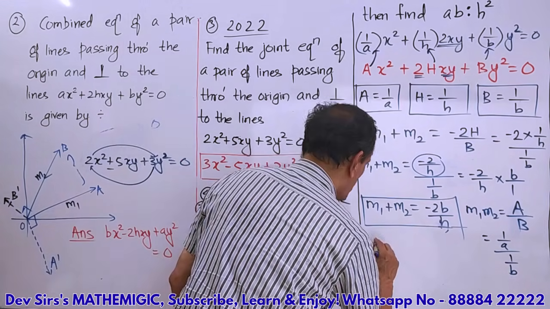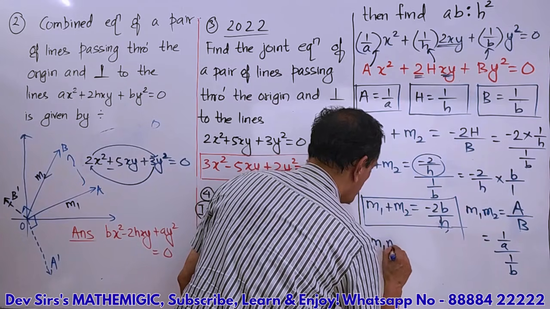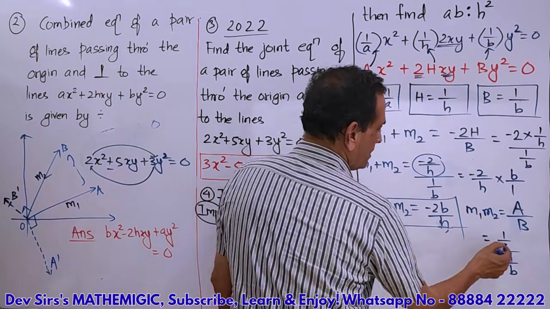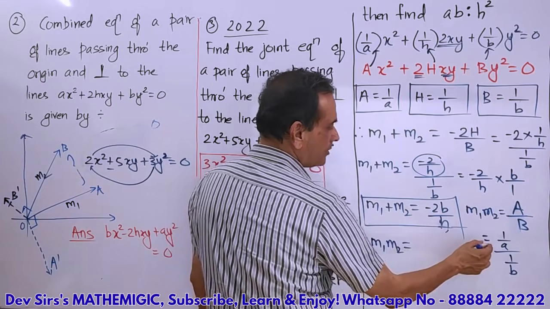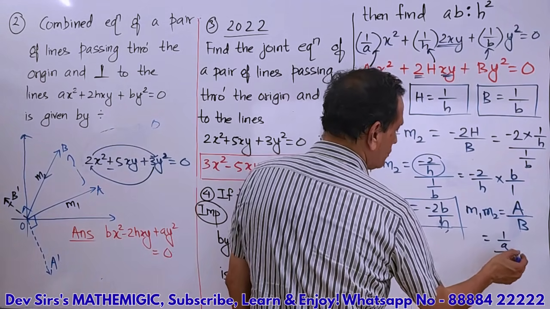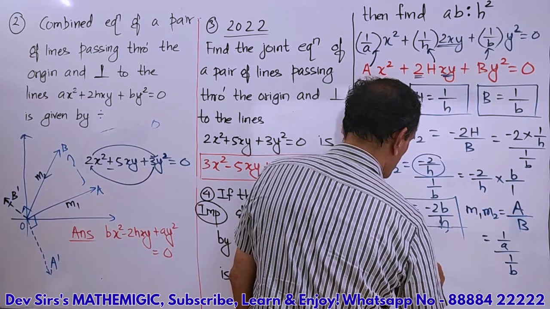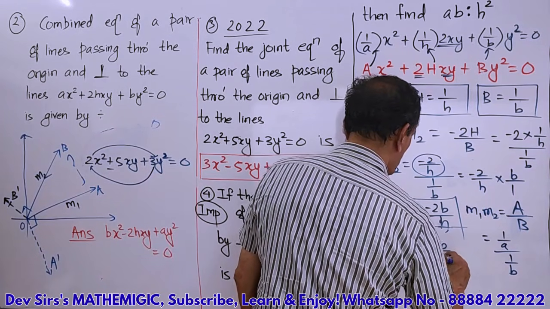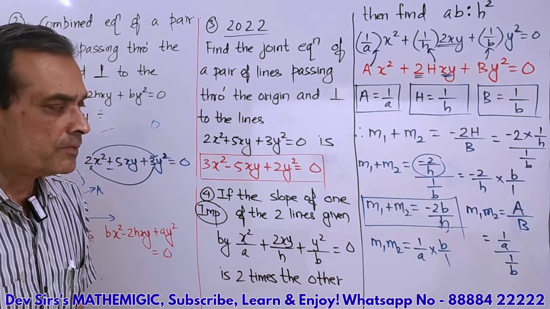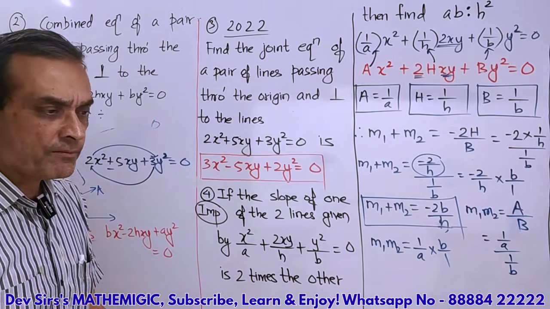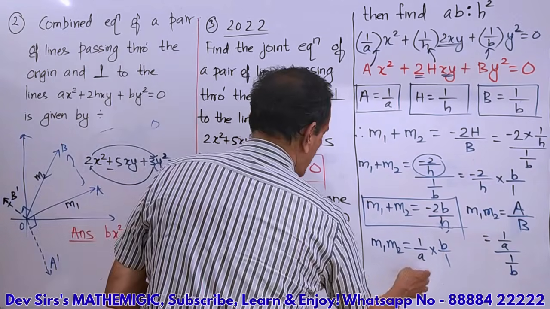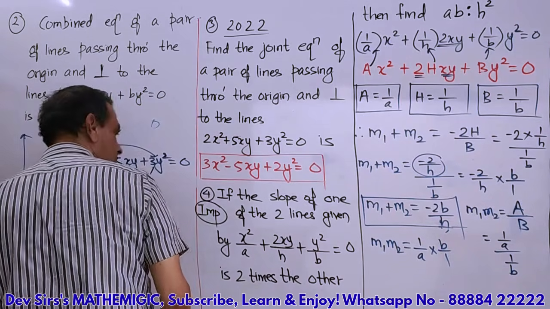So m1 m2: take the reciprocal, 1 upon a into 1 upon b into b upon 1. Numerator into reciprocal of denominator gives b upon a. I will just write simply here b upon a.